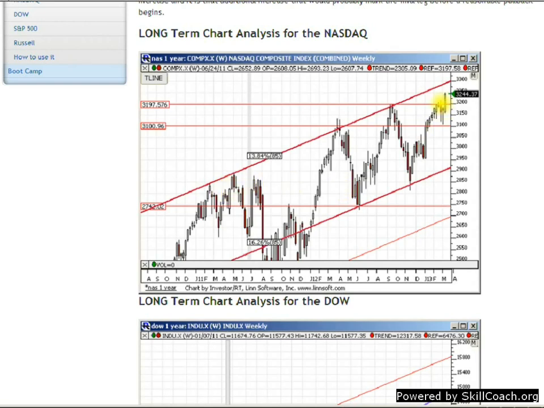These aggressive candles that are happening near this resistance line fall into a pattern where an aggressive candle like this happens, then a second candle, usually an aggressive one, also follows with tests of the resistance line. And when that happens, then the market starts to pull back.